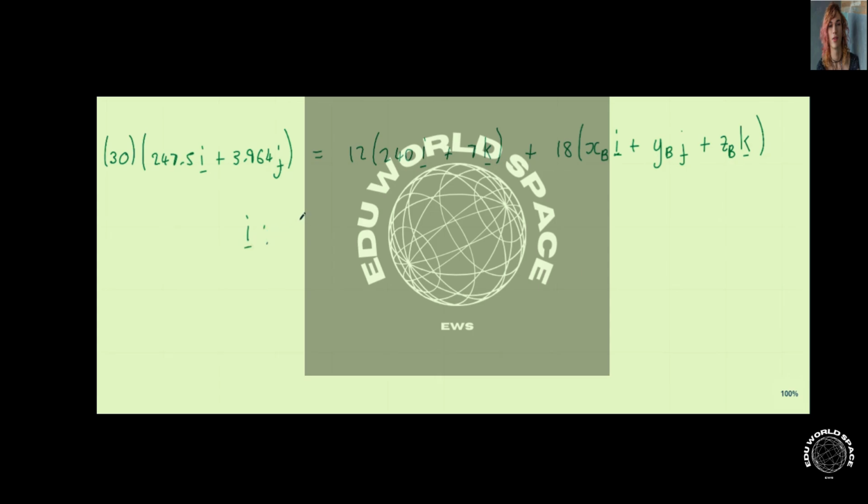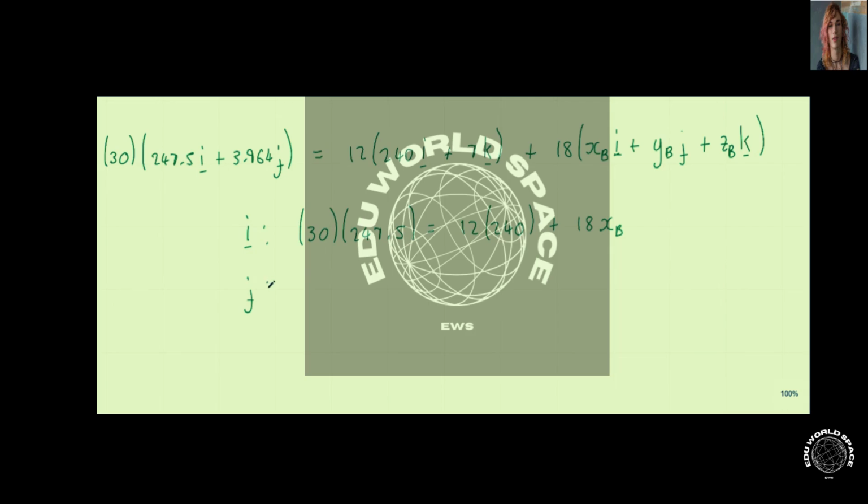For the i component, we get 30 times 247.5, so we're equating like components, is equal to 12 times 240 plus 18 x_b.